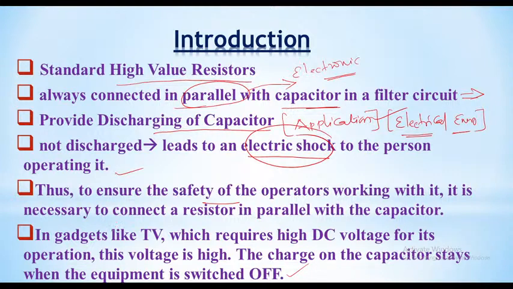In gadgets like TVs and radios, we use these bleeder resistors to provide the discharging of the capacitors. If the capacitor does not discharge, it leads to electric shock. So it is mandatory to connect this bleeder resistor in order to provide the discharging of a capacitor. Okay, so let's move further.